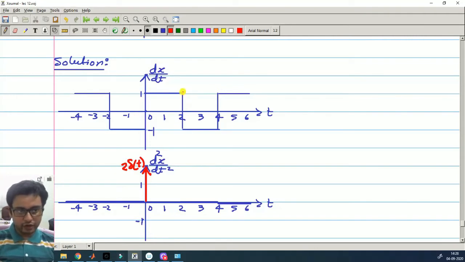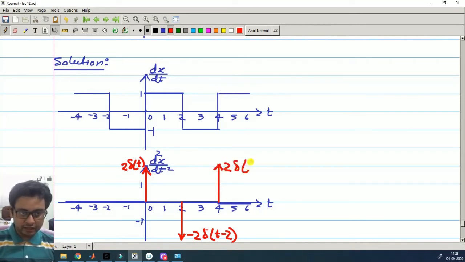Then here we have a negative jump which will result in a negative delta function, -2 delta(t minus 2), t minus 2 because it occurs at time t equal to 2. Then again here another positive delta function. It will be 2 delta(t minus 4). Here a negative one, minus 2 delta(t plus 2).